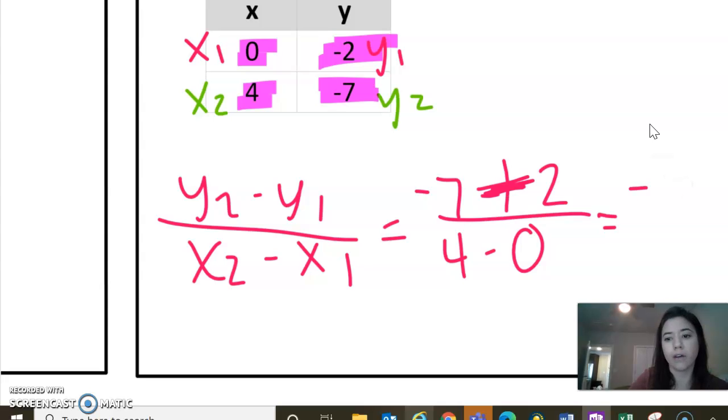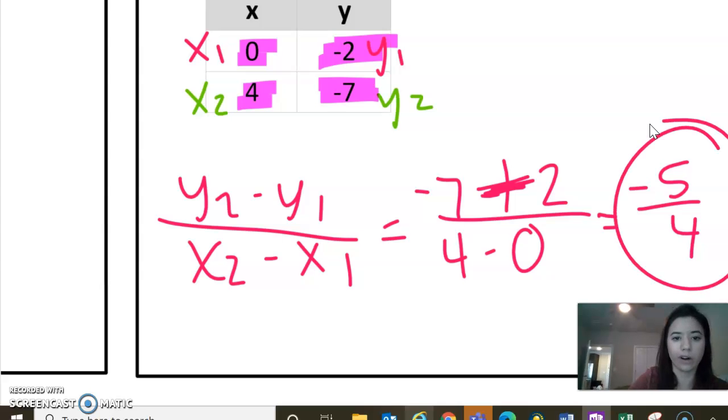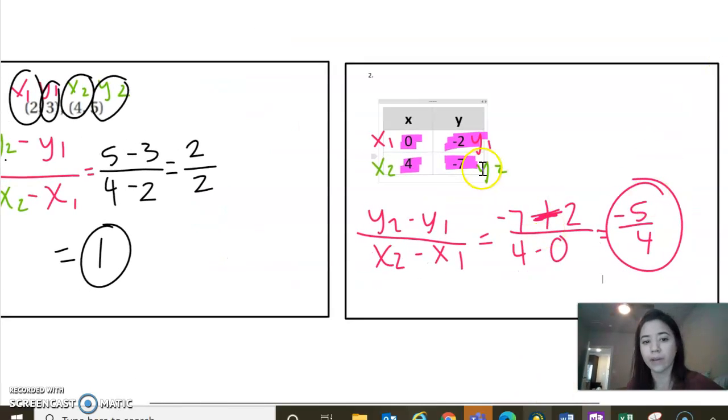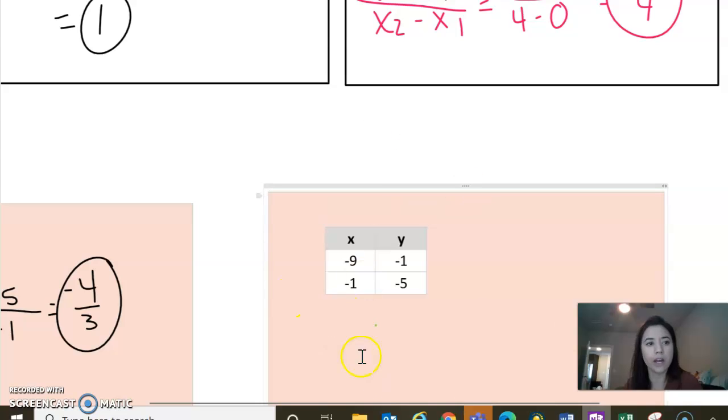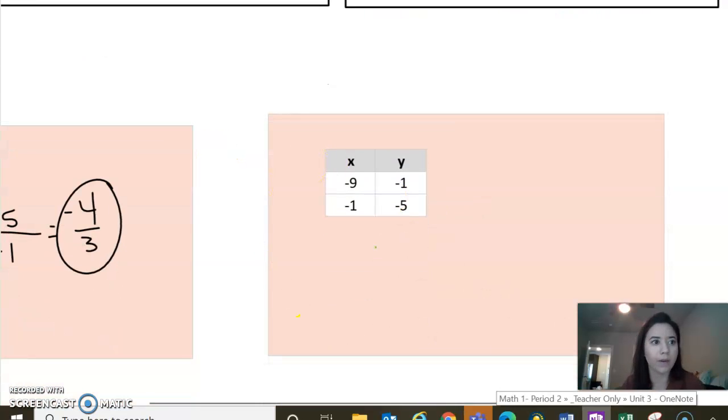This gives me negative 5, and then 4 minus 0 is just 4. All right, same exact math, just looking at it in a table. But same first step. Take your first 2 points, label them x1, y1, x2, y2, and then solve. Okay, I want you to try this one now, and then come back and unpause me when you're finished.